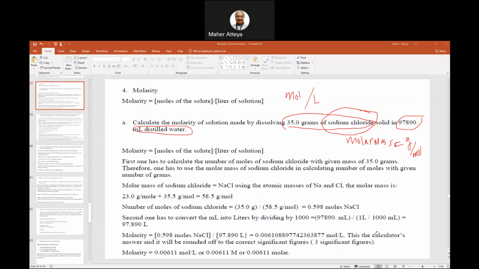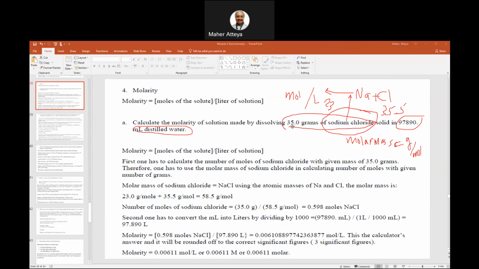And how do we get it for sodium chloride? Well, sodium chloride is made of sodium plus chlorine. Sodium is 23 and chlorine is 35.5 gram per mole. So you add them up, and you end up with 58.5. 23 plus 35.5.